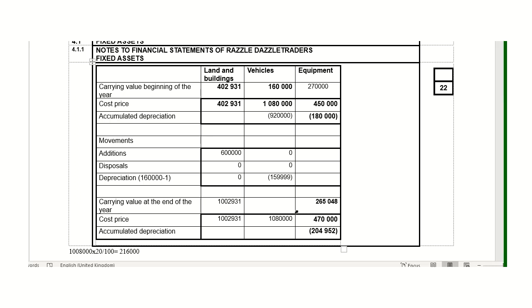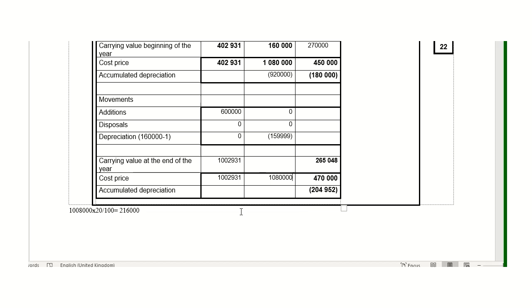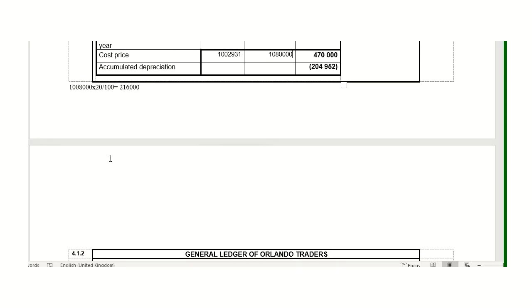1,080,000. With depreciation, let's just write down the accumulated depreciation.